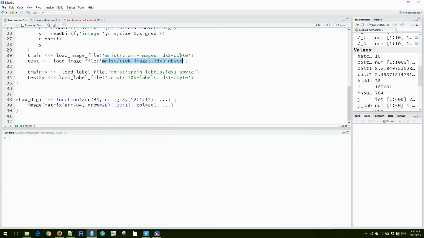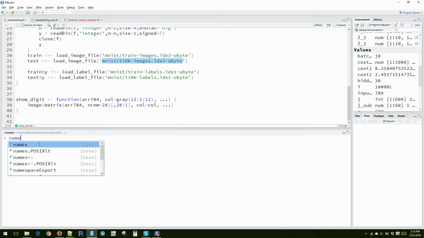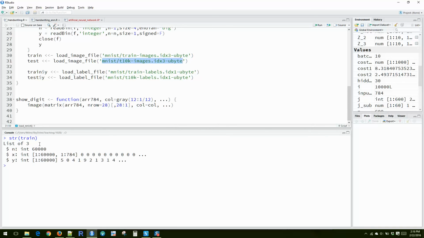Okay. And so if we take a look at, let's do a structure of our training data set. Okay, it says n, there's 60,000 rows. Okay, x is a 60,000 by 784 matrix, and then y is just a vector of 60,000.